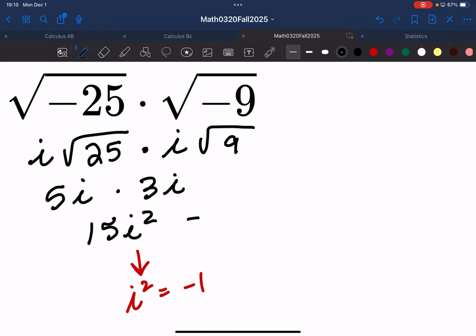So really, this is 15 times negative 1, which is negative 15. That would be my answer. Okay, so an i by itself, we can't do anything. That's just i. i squared, or i to any positive even exponent is always going to be a negative 1.